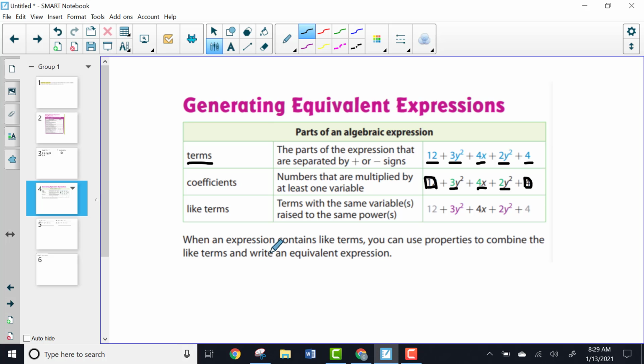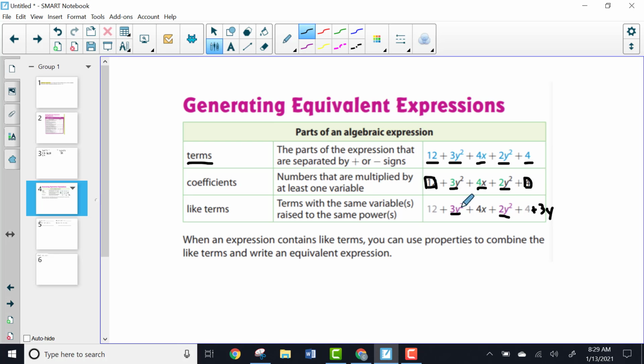Now, like terms means there are terms with the same variables raised to the same powers. So we could see 3y to the power of 2 is a like term to 2y to the power of 2. Now, if I had something like 3y, that would not be a like term because it has to have the same variable and it has to be raised to the same power.